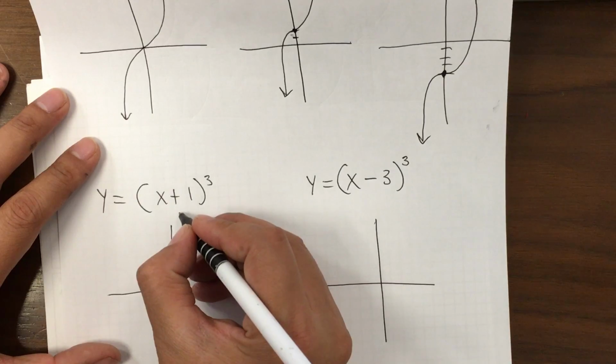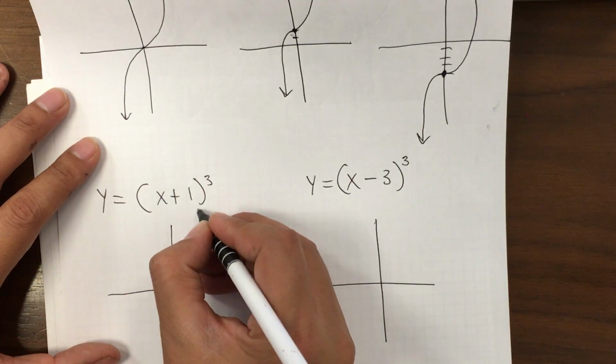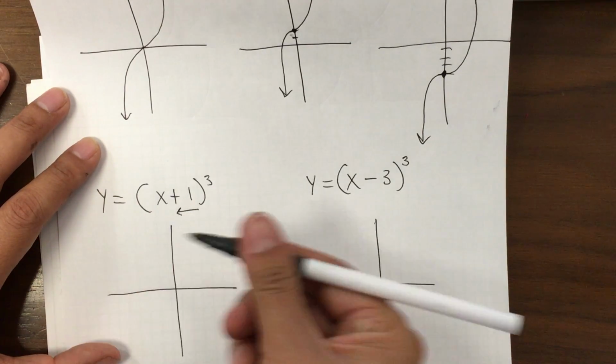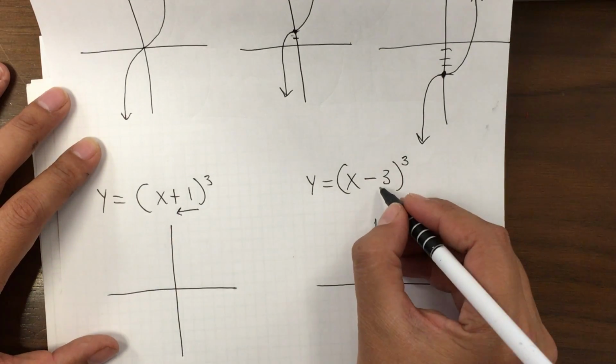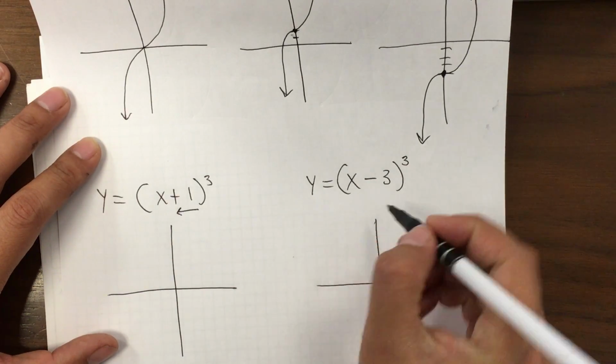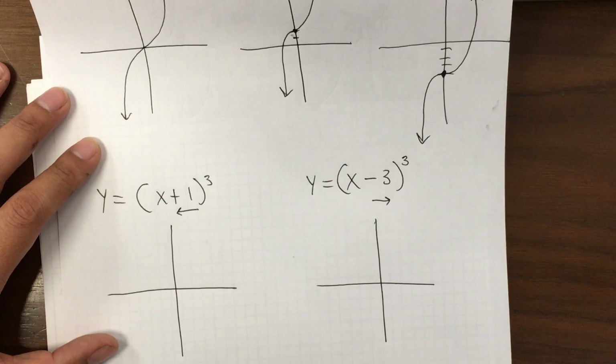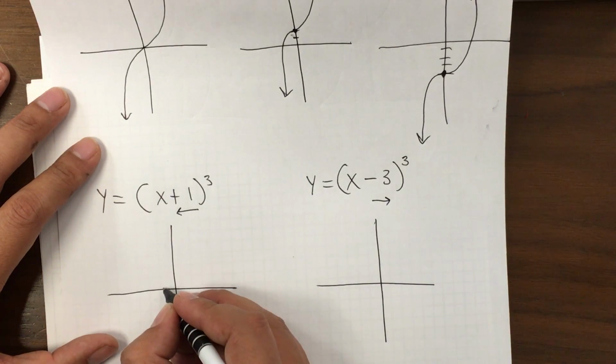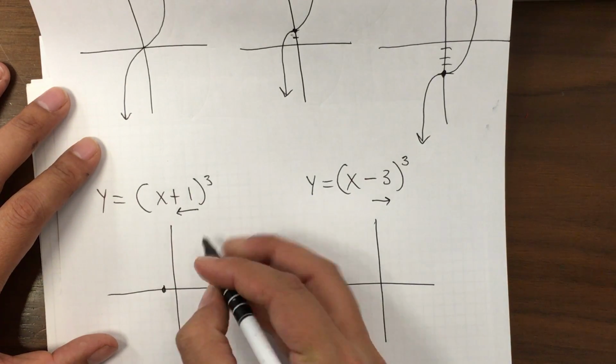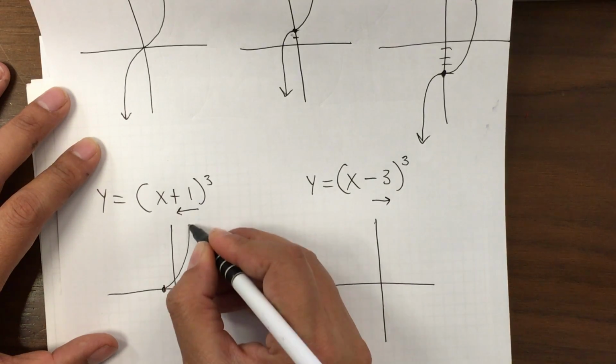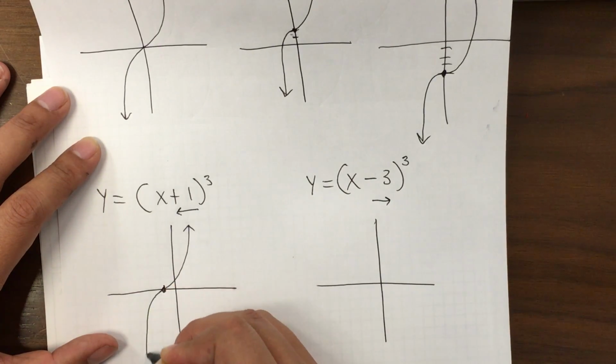If we're adding 1, remember, it's not gonna go to the positives, instead it's gonna go towards the negatives. And in here, instead of going to the left, it's going to go to the right. Okay, so 1 space, and it opens up in a similar way.